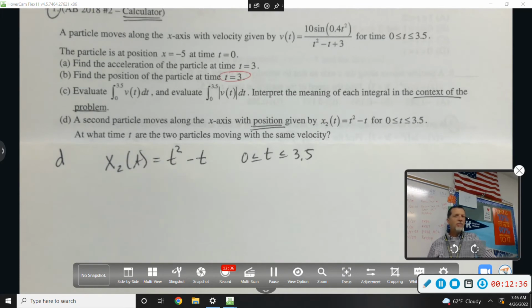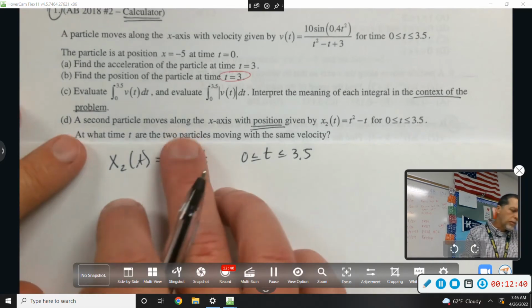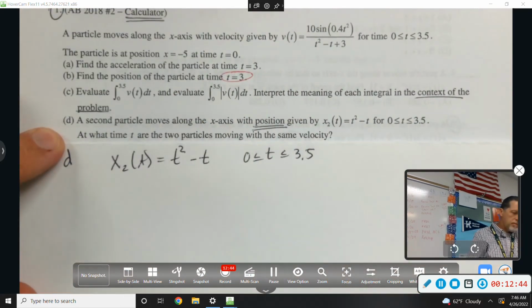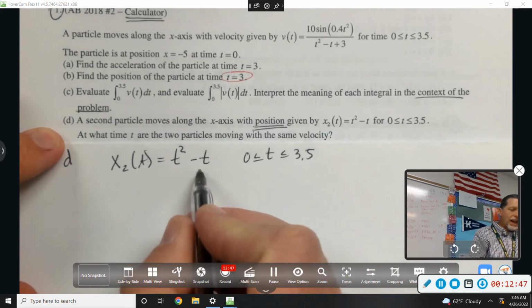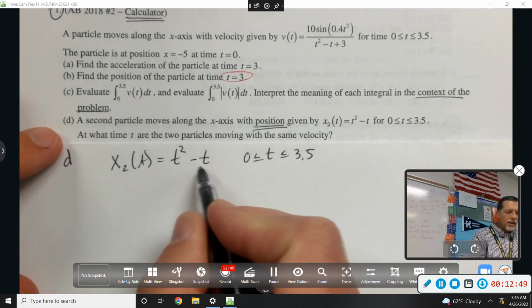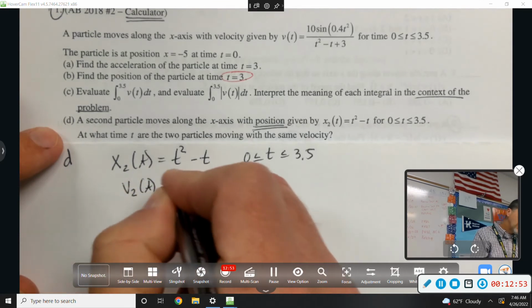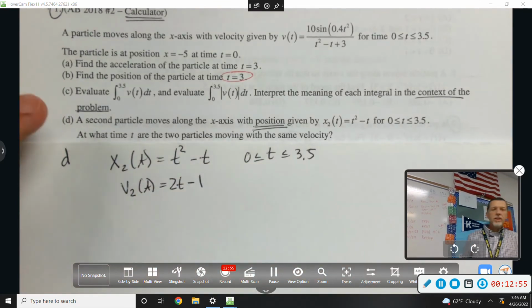Okay, I have the velocity for the first particle. How do I get the velocity for the second particle? Take a derivative. I don't need a calculator for this velocity. 2t minus 1.